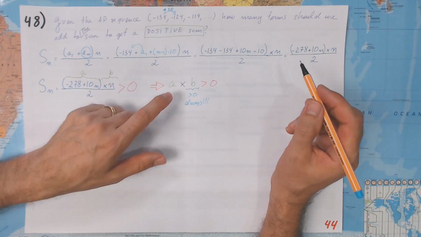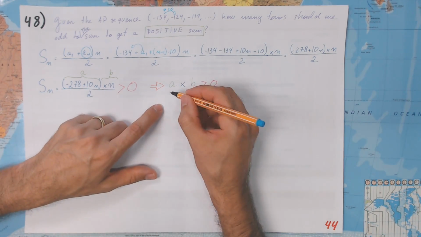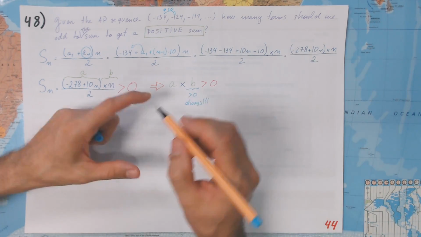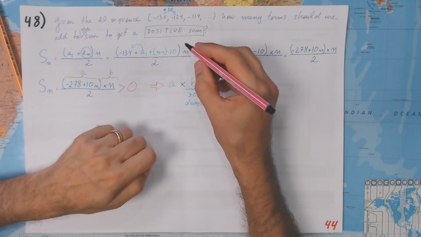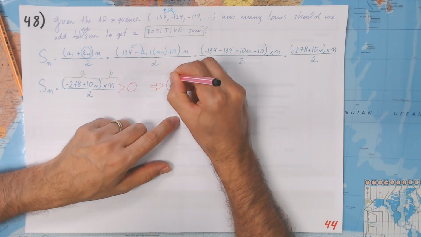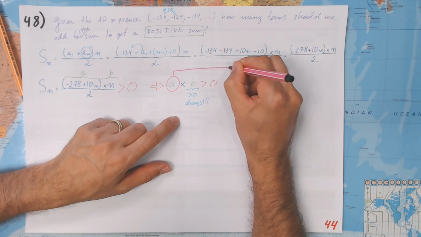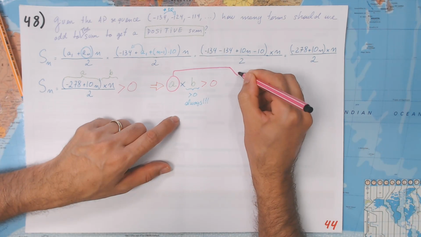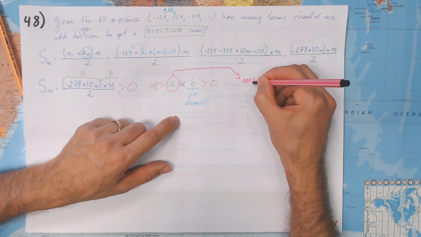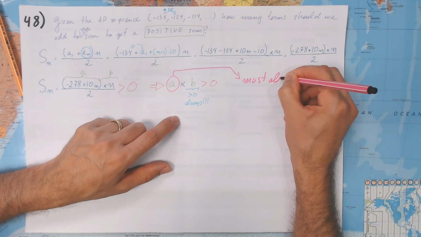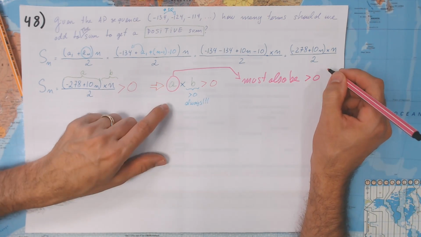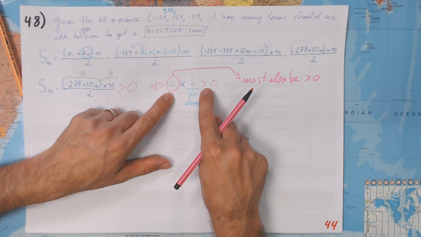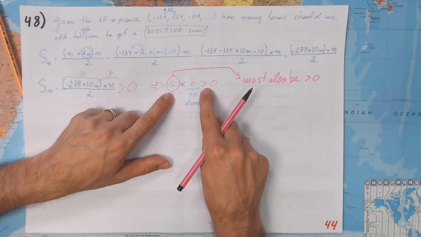So what I want to make sure is that A must also be greater than 0. Because if this one is negative, then this one is not what we are looking for.